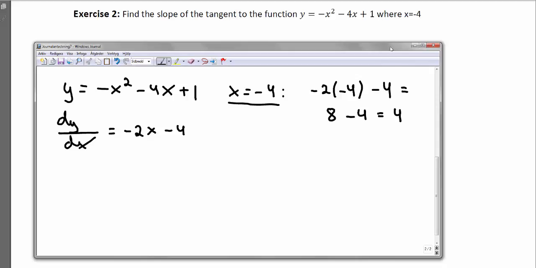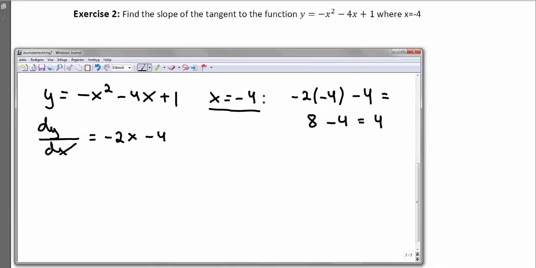Okay, let's check if this is reasonable. Minus x squared minus 4x plus 1, that's the function. And then the derivative minus 2x minus 4, we substitute minus 4 into this, so minus 2 times minus 4 is 8, and then minus 4.